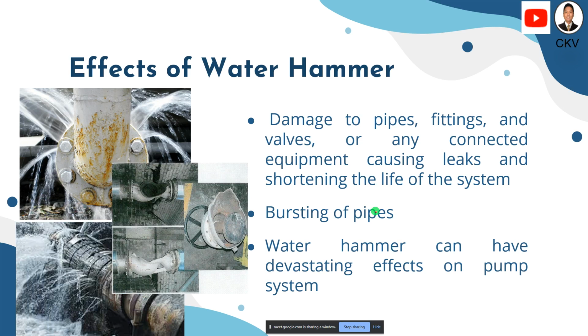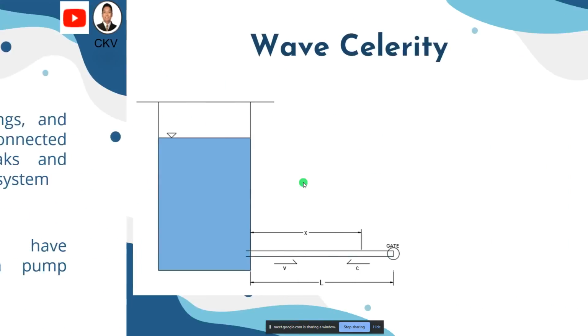So here we will study how to compute the equivalent pressure caused by water hammer, and how the time of closure affects the water hammer itself. So let's start discussing the equations that we're going to use in this topic.